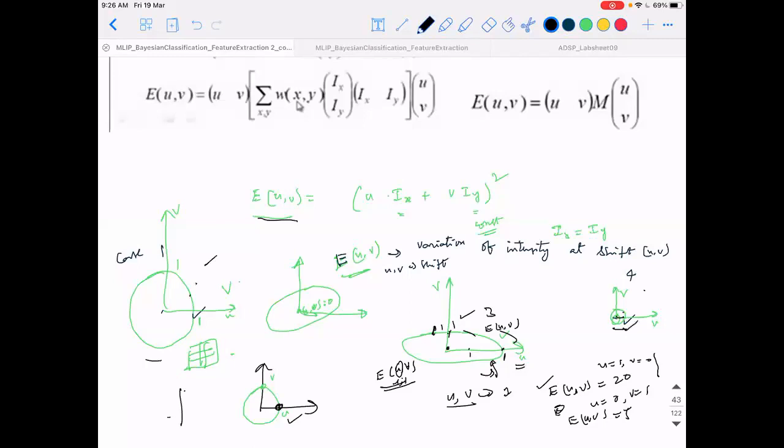So essentially, in this case of the circle, what can you infer? What is the kind of variation across the neighborhood? This versus this, case 1 versus case 3.